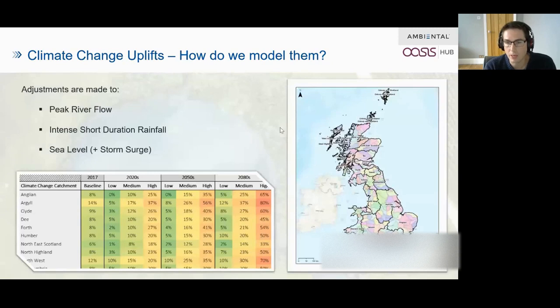Most climate models will not touch peak river flow. That's a difficult concept to understand, and is actually dependent on quite a few different factors that come out of the models. That is something that you can't just do simplistically. It's very difficult to actually understand how to translate one into the other.